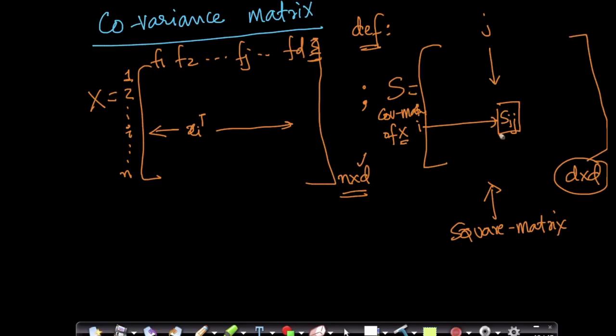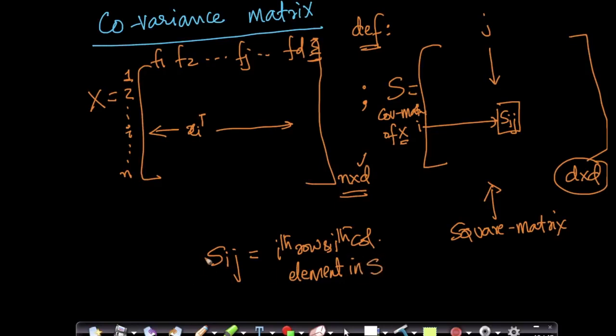This is a matrix with D rows and D columns, so Sij corresponds to the ith row and jth column element in matrix S.